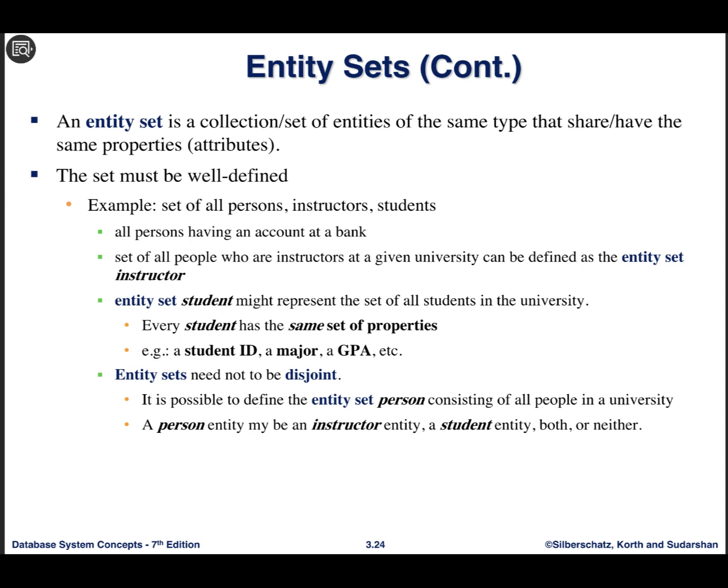Make sense to you here? Great. The set must be well defined. What does that mean here? When you say the set of all persons, the set of all courses offered, the set of all flights, the set of all instructors, the set of all students, that is called an entity set.